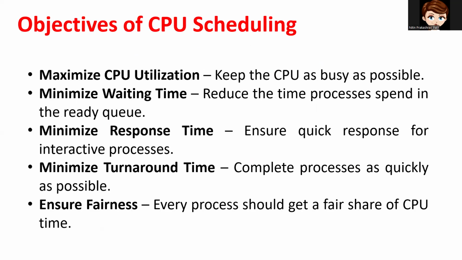Now, when we talk about the objectives of CPU scheduling, let us say these are the main five, but we cannot only consider these five. There can be a lot more, but let us address these five one by one.